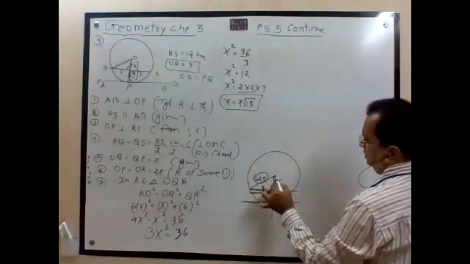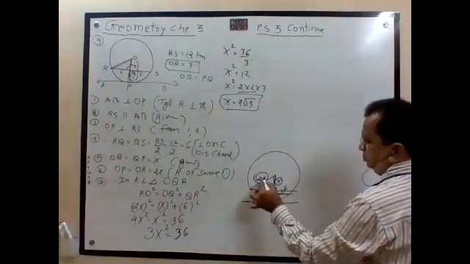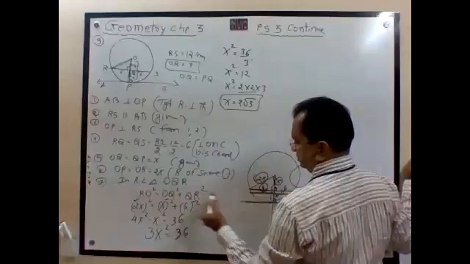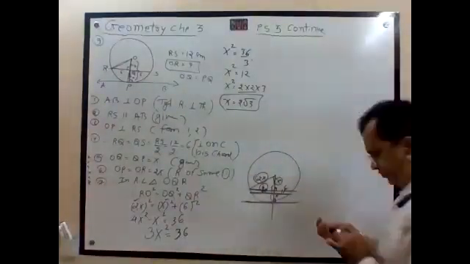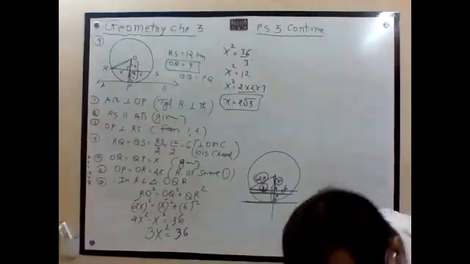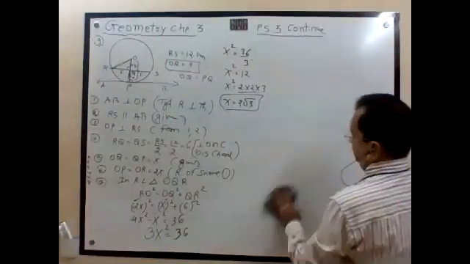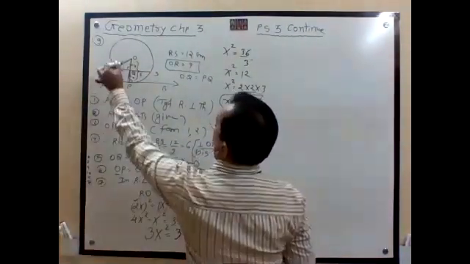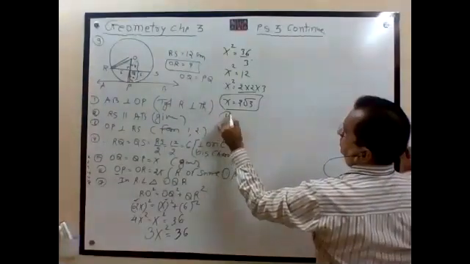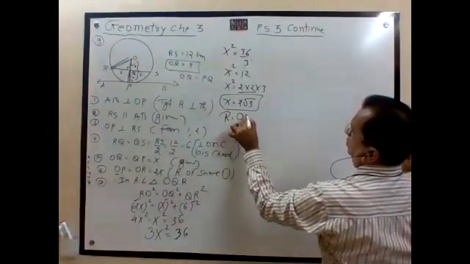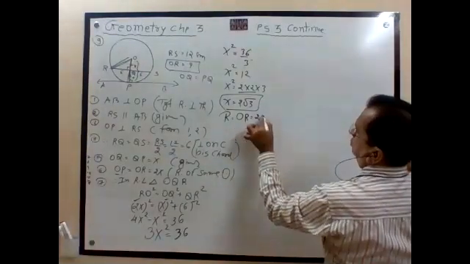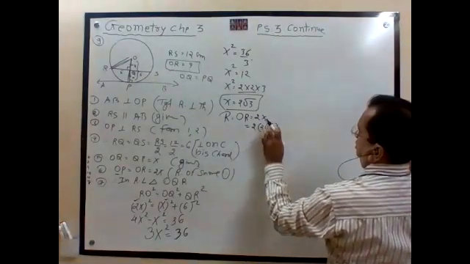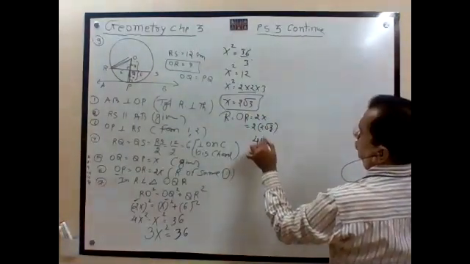So this square is equal to this square plus this square. 2X square is equal to X square plus 6 square. Then I have simplified. So I got this. But radius is what? OP or OR. Radius is equal to OP, OR is equal to 2X. 2 times 2 root 3. So 4 root 3.